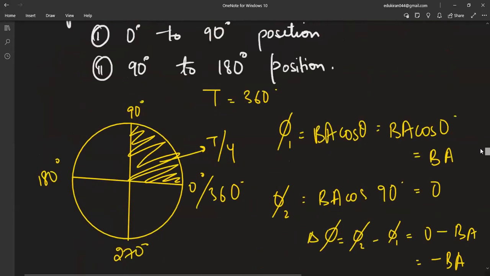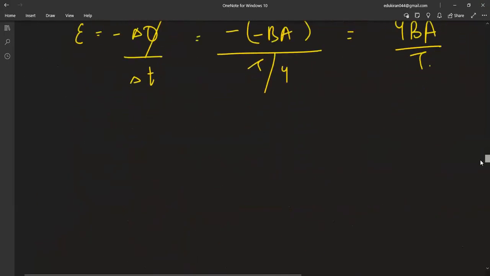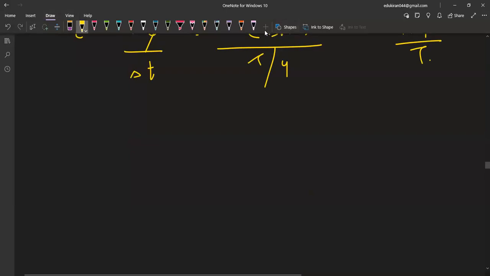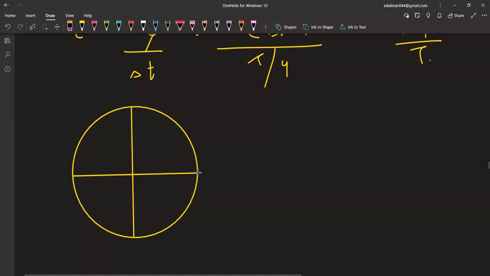Clear? Now see, second part is saying from 90 degree to 180 degree. You just have to understand how to pick up the time period. Rest of the part was not difficult. See, this is 0 degree, this is 90 degree, this is 180 degree, this is 270 degree, this is 360 degree.